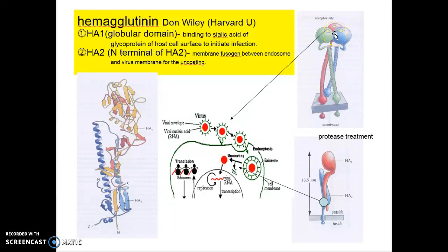Okay, each individual unit is composed of two polypeptides called HA1 and HA2. HA1, in yellowish color in this picture, has an active site at the end of this globular domain.